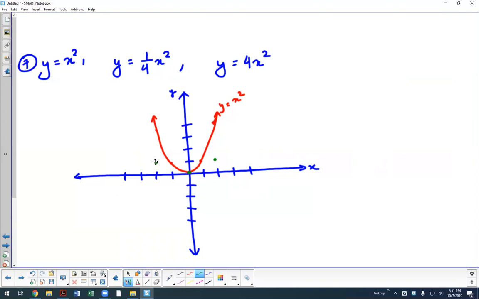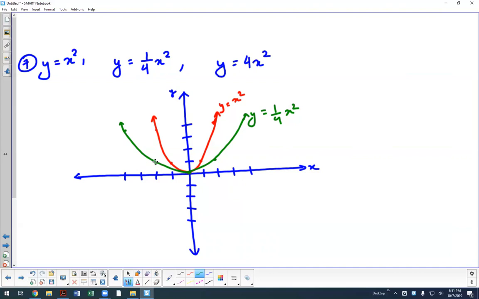Actually, I think I can use (-4, 4) and (4, 4). So did it stretch my graph or did it shrink my graph? Stretch? Shrink? It stretched it.